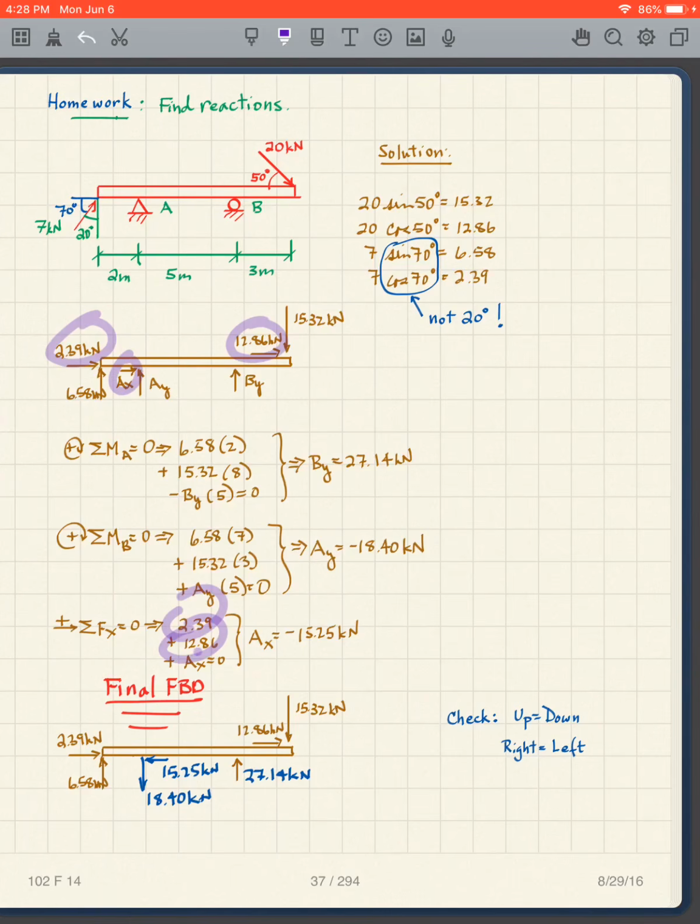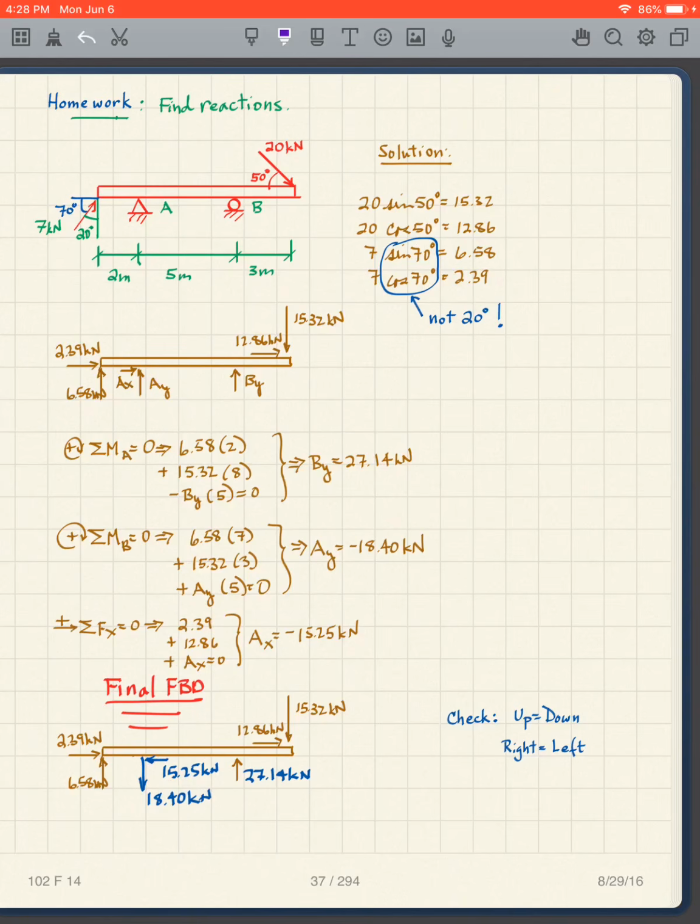This is to the right, so it's positive. And solve for AX is negative 15.25. So I have to flip it around to go the other way. So that's my final free body diagram here. And the AY has to be reversed, so it's 18.4 going downward. The other one stays the same.